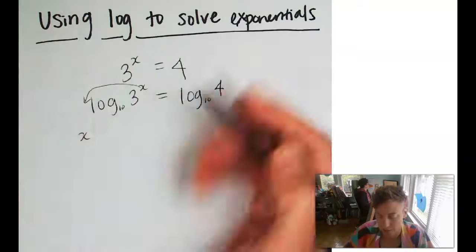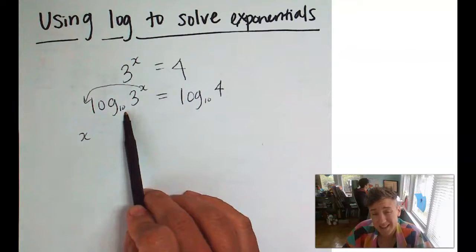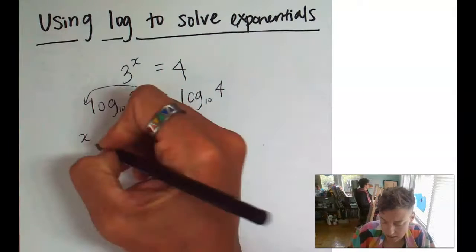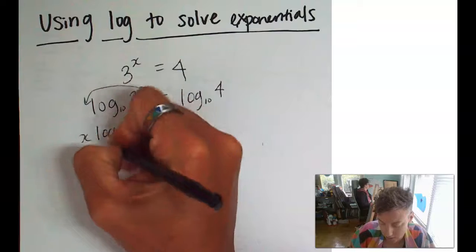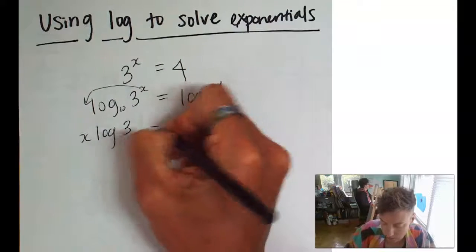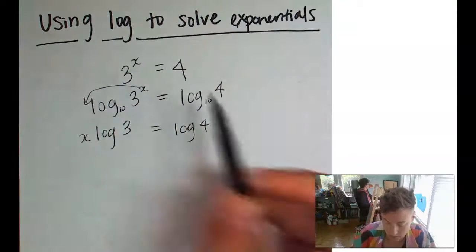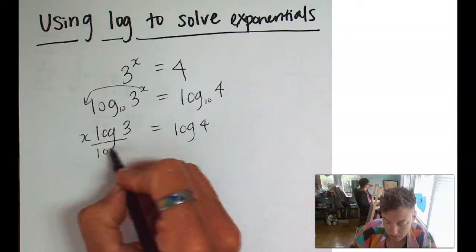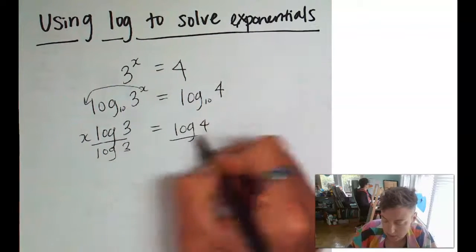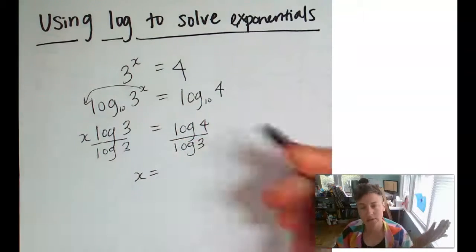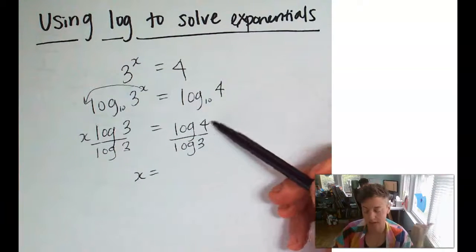We also remember if it is base 10, we don't have to write that 10. That is our standard, assumed base. So x times log of 3 equals log of 4. Again, we're trying to solve for x, so we can divide by log 3 on both sides. We'll get x equals log 4 divided by log 3.